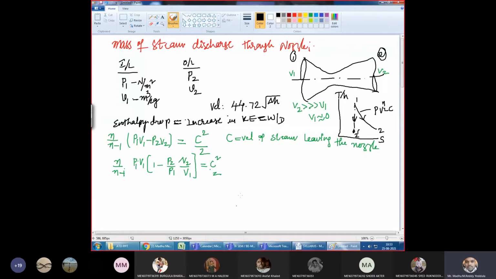Between the two states 1 to 2, applying the polytropic process, P1 V1 power n is equal to P2 V2 power n. From this, I want to eliminate V2 by V1.